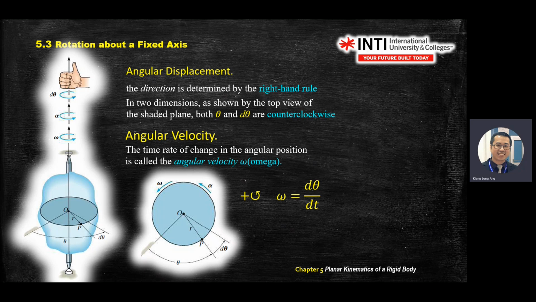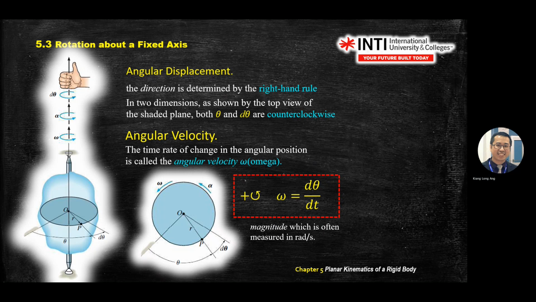After velocity, you will see acceleration. Acceleration, we use alpha. Alpha equal to time differentiation of your velocity, d omega dt, or d square theta dt square. Makes sense. So velocity will be in radian per second. Acceleration will be in radian per second square.